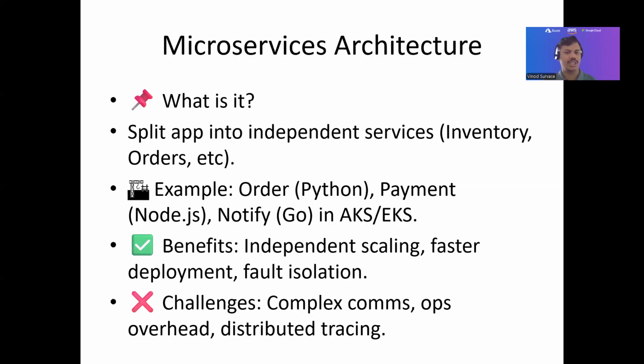For example, inventory, orders, payment, right, along with the basket and all those options. And for example, if I have to order something online, I can simply get into the application and add items into the basket, right? And from there, I can do that.